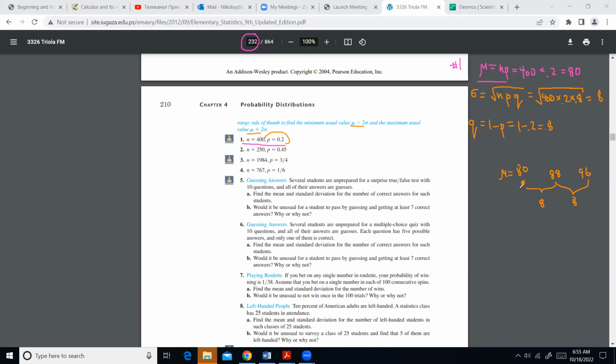And also you can subtract 8 twice. If you subtract 8, it'll be 72. And if you subtract another 8, it'll be 64. Why do we do this? Because they want to find these intervals. So I just answered the question to this set of exercises.